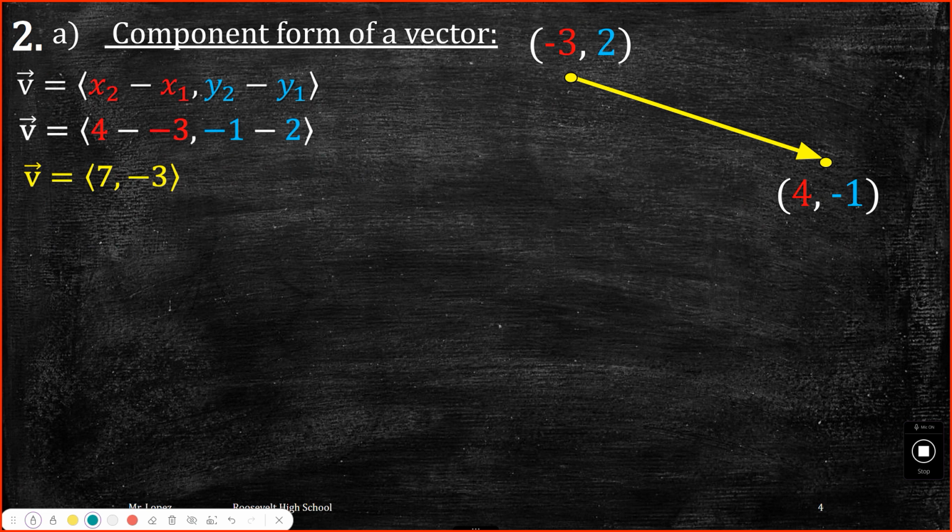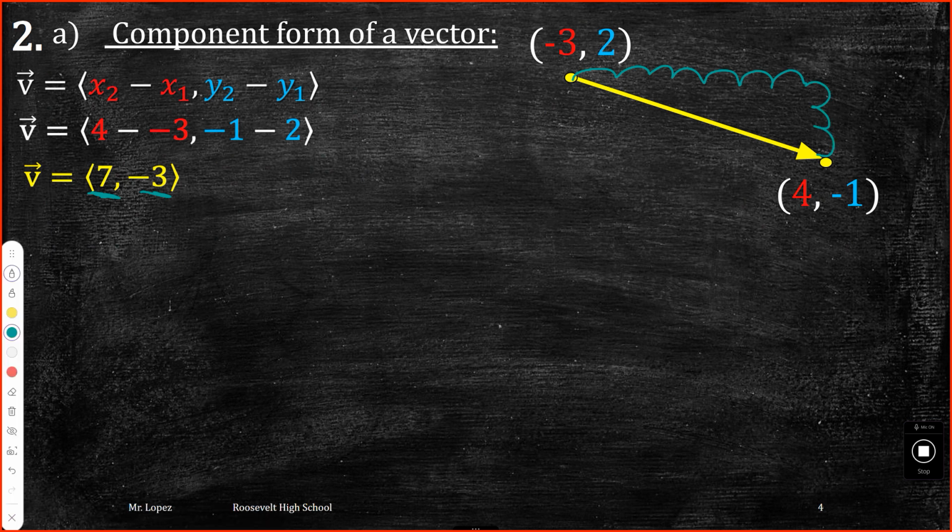So what it's saying is that you're going to the right by 7 and down 3. You go to the right 1, 2, 3, 4, 5, 6, 7, and you go down 1, 2, 3.